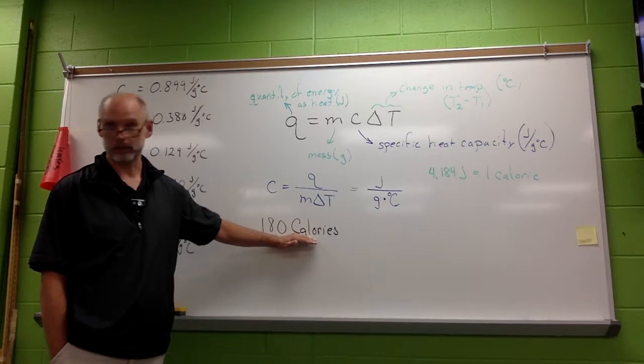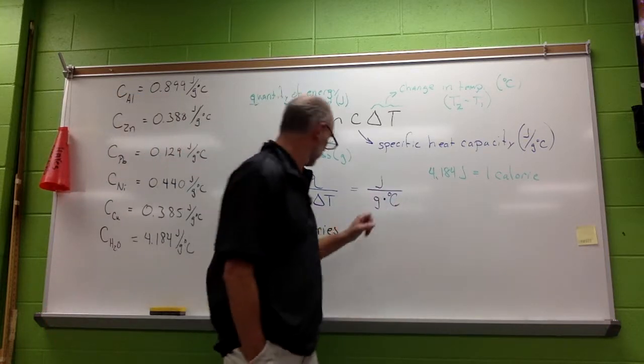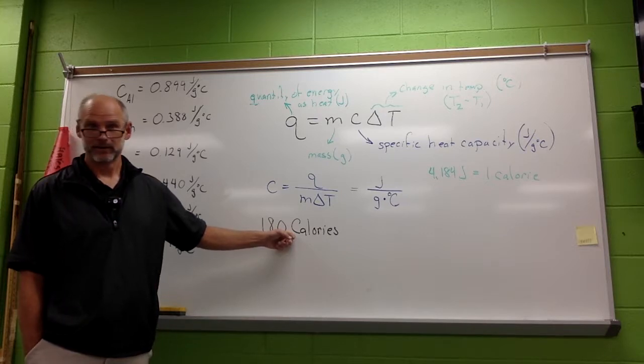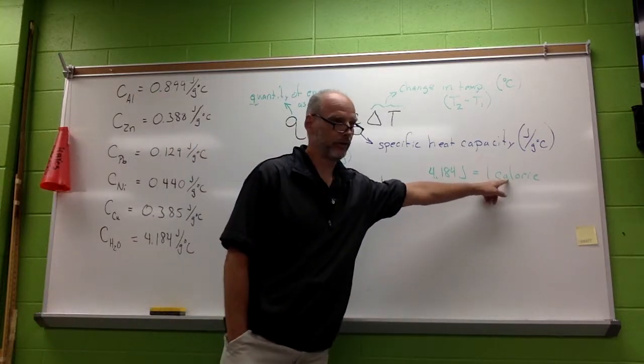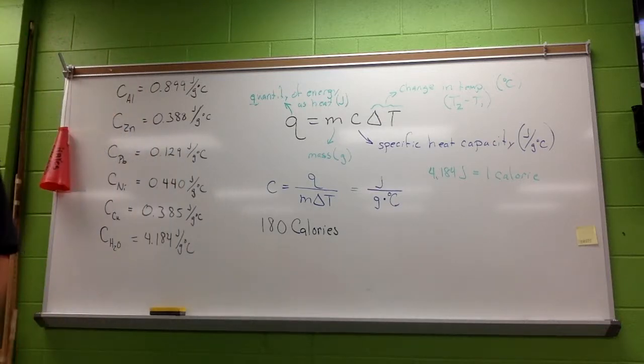Remember, a kilo is 1,000. Right? Prefix kilo means 1,000. So, this is actually how many of these? 180,000 calories.